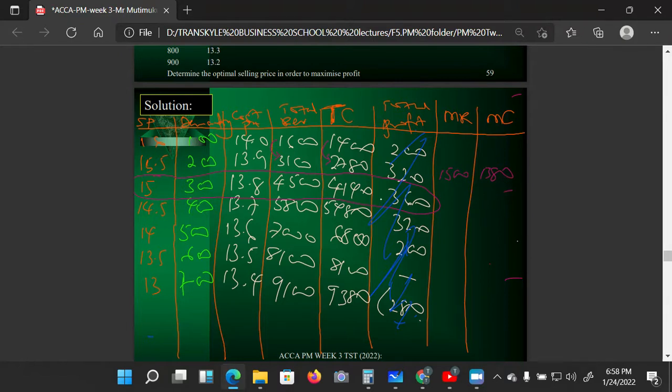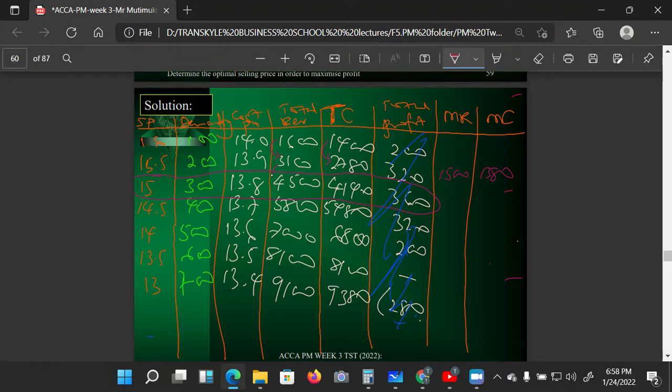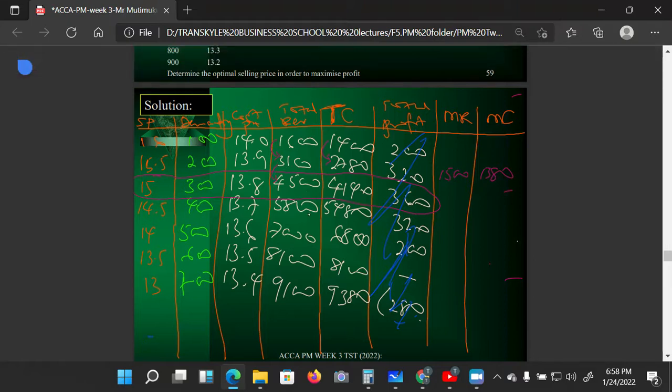Let's check the other activities. If demand increased from 200 to 300, the marginal revenue would be a movement from 3,100 to 4,500.